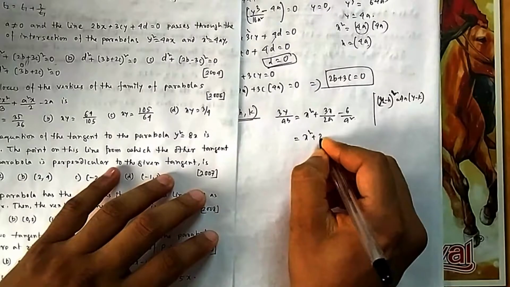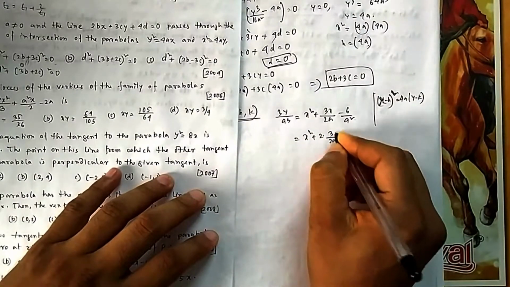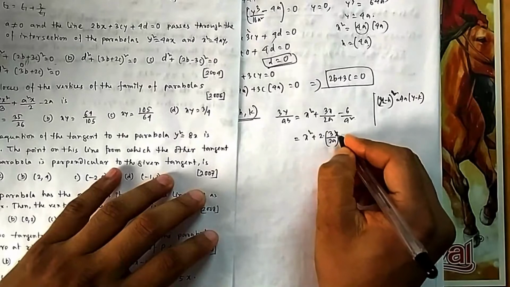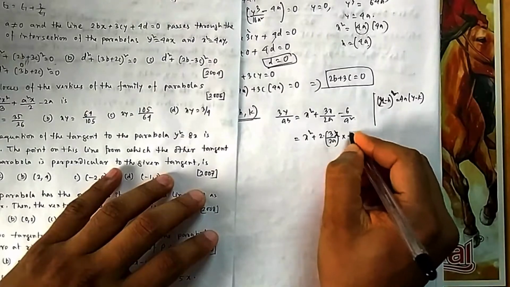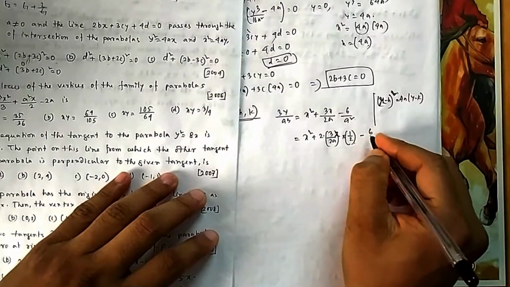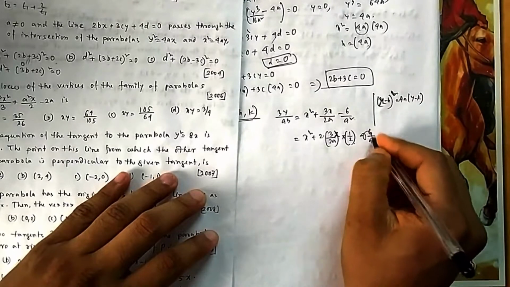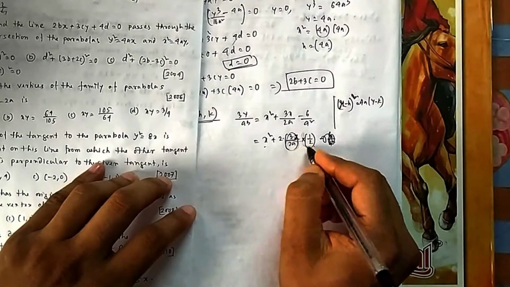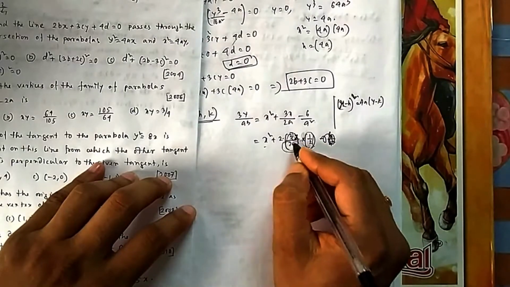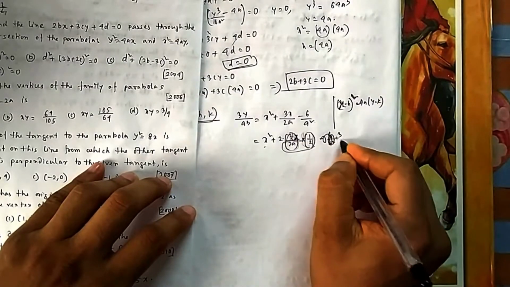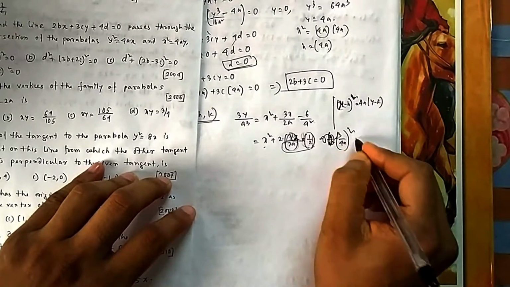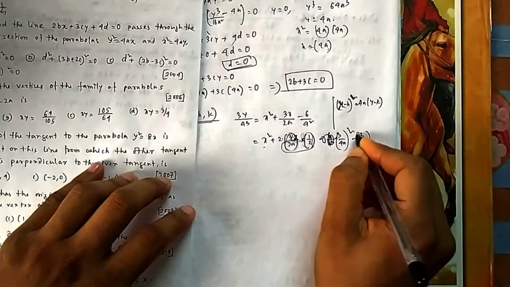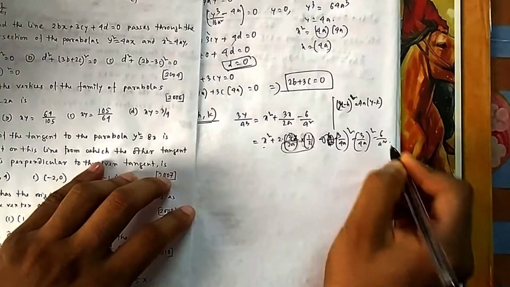For that we need to make it a perfect square. So x square plus 2 into 3 by 2a, that is 3x by 2a, then 1 by 2. Minus 6 by a square. Let me see what b is. I have taken a as x, so what is b? b is this much, that is 3 by 4a. So that should be plus (3 by 4a) whole square, b square, minus (3 by 4a) whole square, minus 6 by a square.